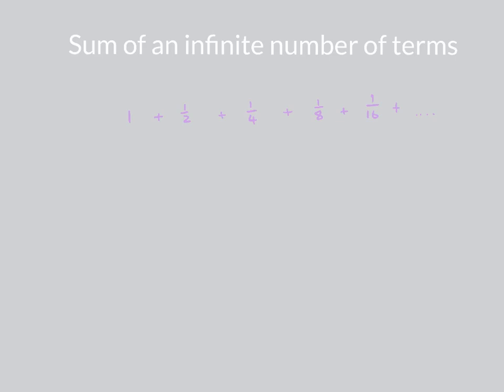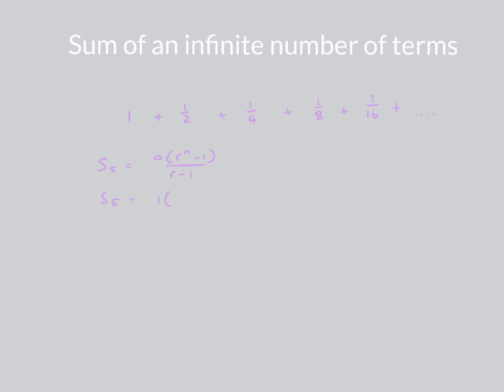Let's work out the sum of the first, how many terms are there? 5 terms. What will the sum of the first 5 terms be? You would say it is a geometric sequence, right? r to the n minus 1 over r minus 1. So the sum of the first 5 terms will be, a is equal to 1, right? r is equal to, what happens to every single term? It halves, right?